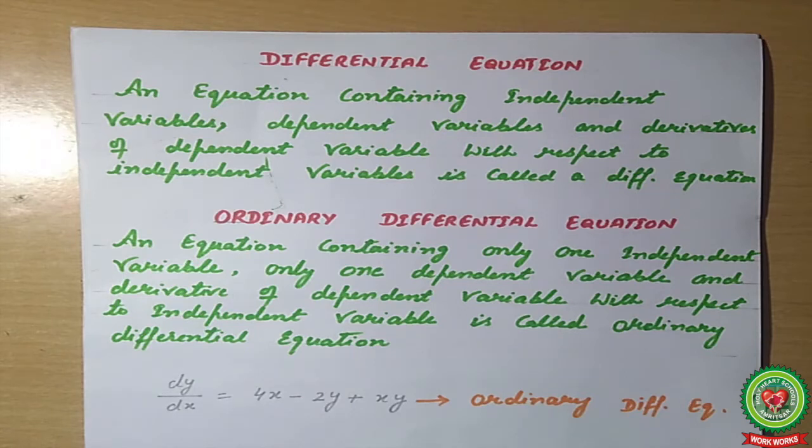Before starting that topic, first of all we will discuss what a differential equation is. As we have already learned so many equations, linear equations, linear inequations, quadratic equations. That's why we have learned a topic, differentiation. So the differential equation is also there. What does this equation contain?